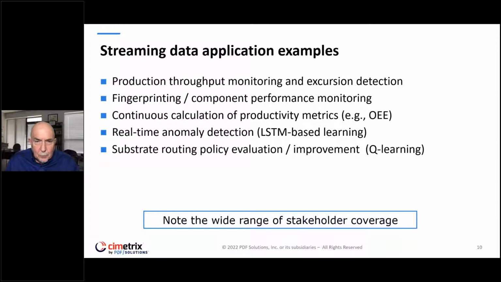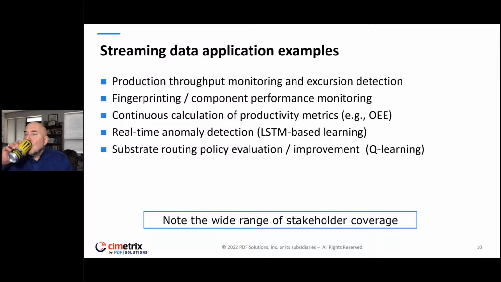This is a production throughput monitoring and excursion detection app. This is one that I've always assumed could benefit from streaming data, but never made the point until we pulled this topic together. Then I'll talk about fingerprinting, which is a pre-fault detection application, a little bit about real-time calculation of productivity metrics and the standards that support that, and then step forward a little bit.